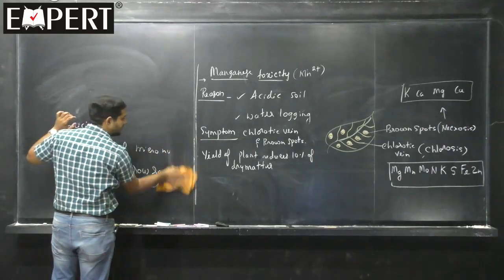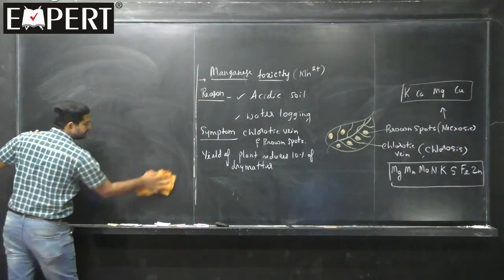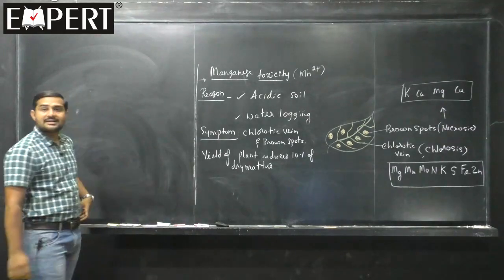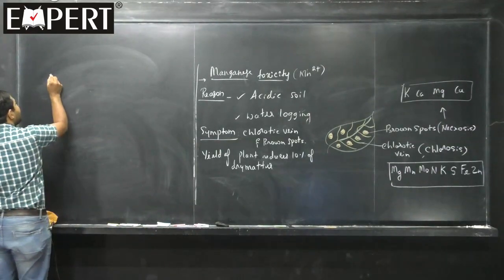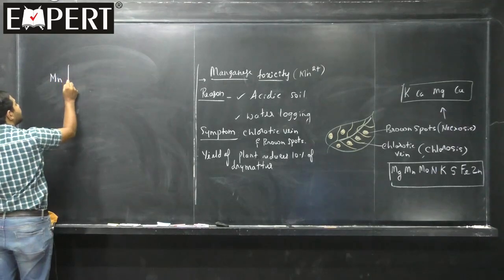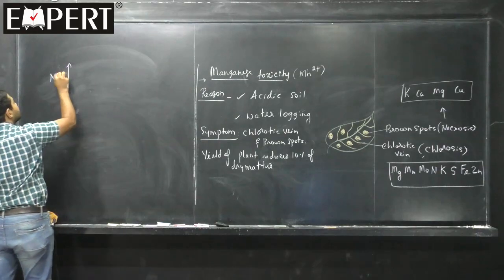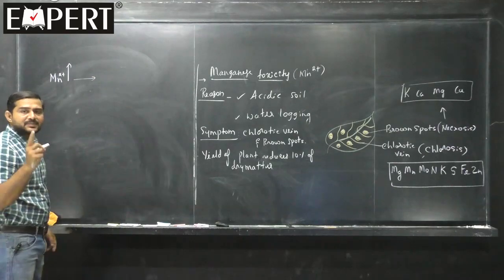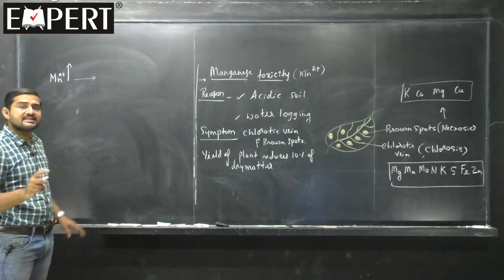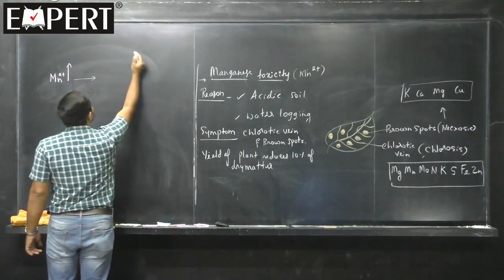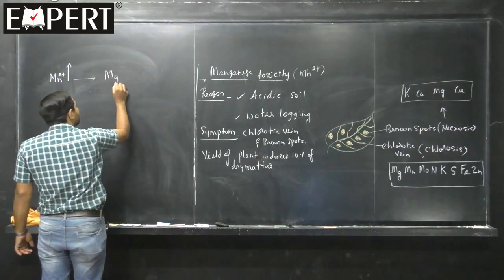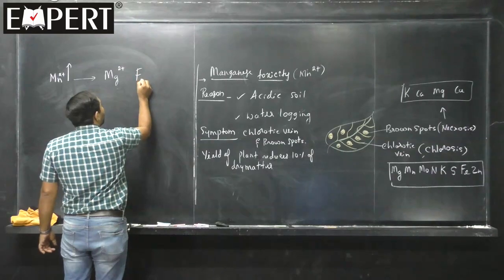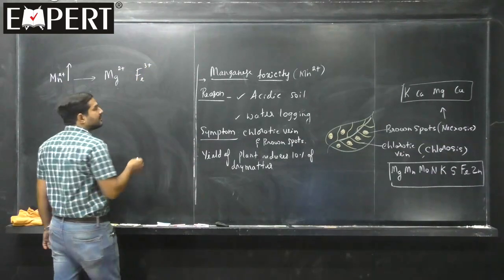A little more has to be explained regarding manganese toxicity. See, students, when manganese becomes more, then absorption of some other minerals gets impaired, like magnesium, iron, calcium.